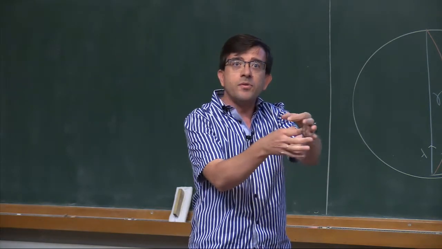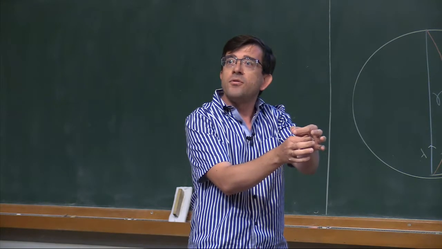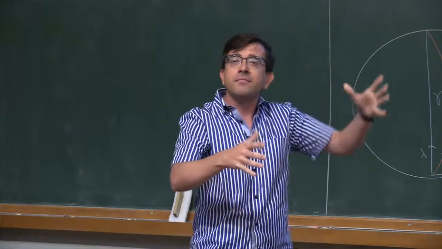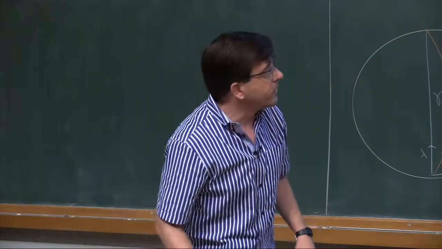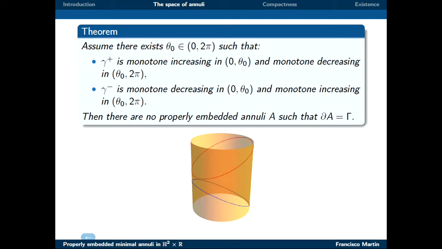When you start with two arcs, if they are very close, you have a solution, you have an annulus, and then you start to separate them, and the surface disappears. But even as close as you want to curves where you know that there are examples, there are no examples.